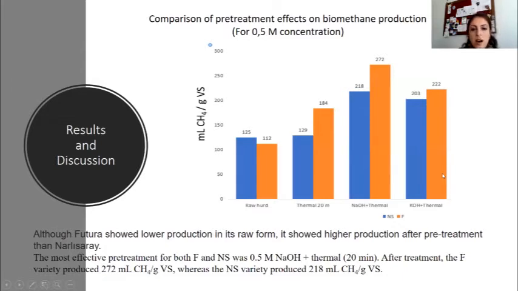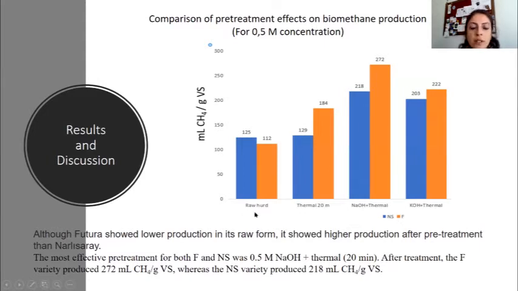And after treatments, our results, you can see here. I can explain. As I said before, we use 2 different chemicals, sodium hydroxide and potassium hydroxide, and we use 2 different varieties of hemp hurd. The blue ones are Narlisarai and the orange ones are Futura.